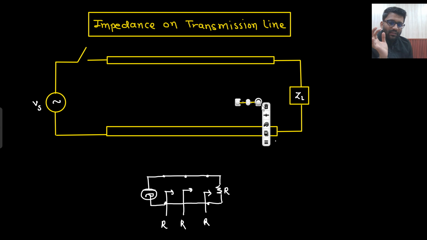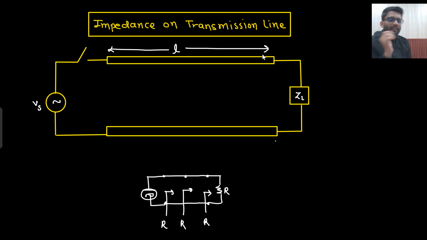Let's just say the length of this transmission line is L. Then there is a term characteristic impedance. For all transmission lines, characteristic impedance is defined.